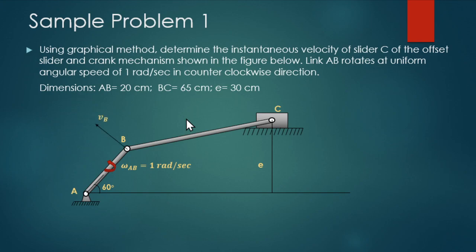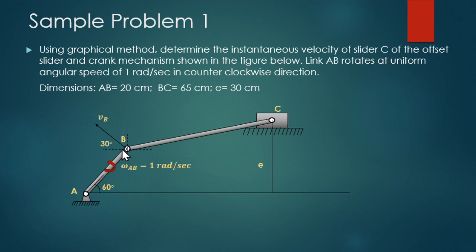So we can say, at the tip of velocity B, at point B, we have velocity B resulting from the rotational motion omega. And by creating a new axis at point B, we get an angle of 30 degrees.